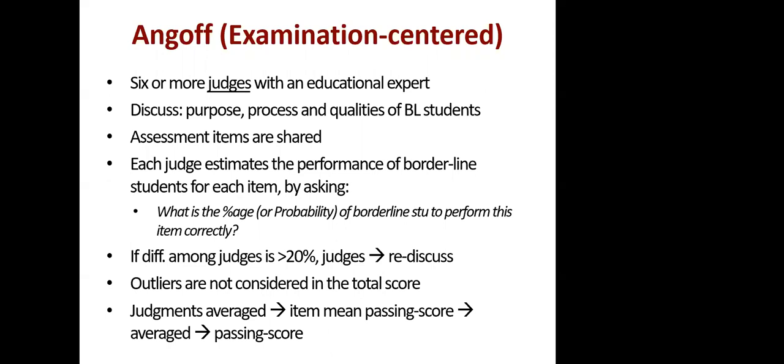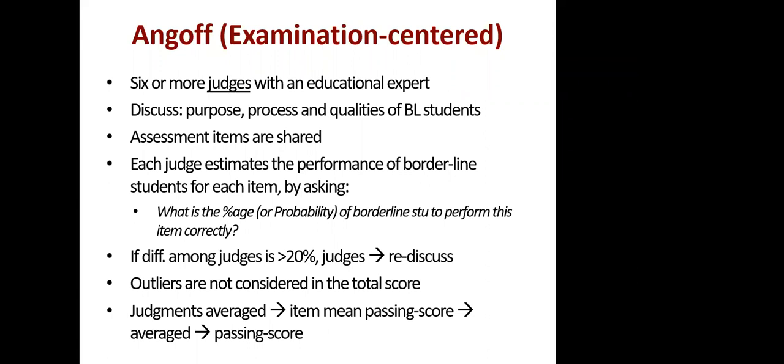You expect more borderline students to answer that question correctly. For trivial questions or for nice-to-know or very difficult questions, you expect a lower percentage of your borderline students to perform that question correctly. And this is how each judge independently will respond to this question for each MCQ.